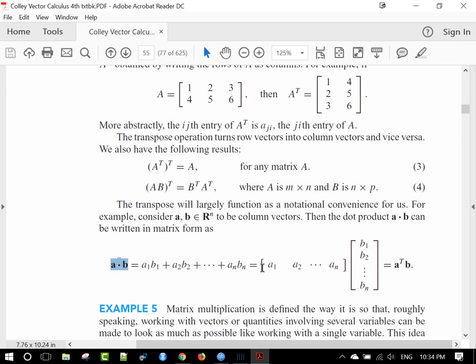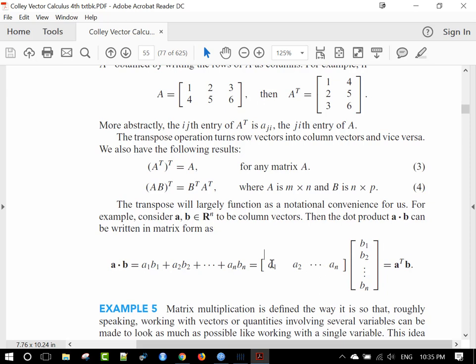And if we write this like this, which we're going to do sometimes, this is a row vector times a column vector. But usually, I guess we think of all vectors as column vectors. So if you had 2 column vectors, you couldn't multiply them, because the n's wouldn't match.